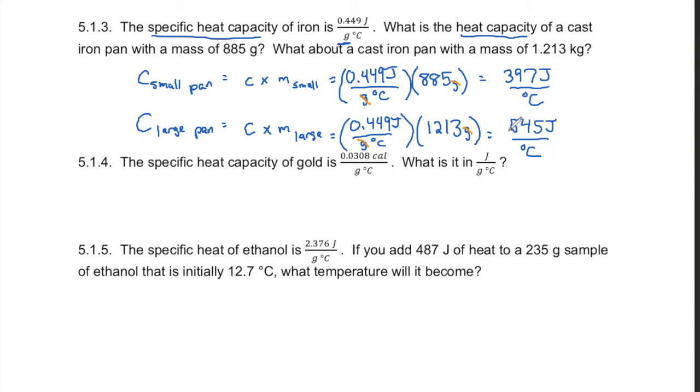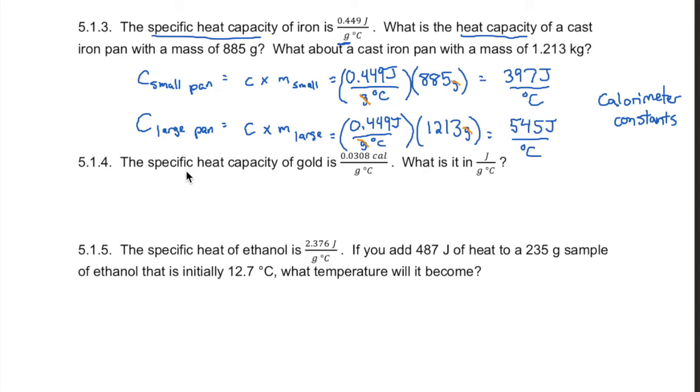It's going to be larger for a larger mass object. And the grams is not in the denominator. It's just joules per degree Celsius. And we're going to be using these heat capacities as our calorimeter constants in the next section when we do some calorimetry. We will find that our calorimeter constants are heat capacities. They have the units of joules per degree Celsius.